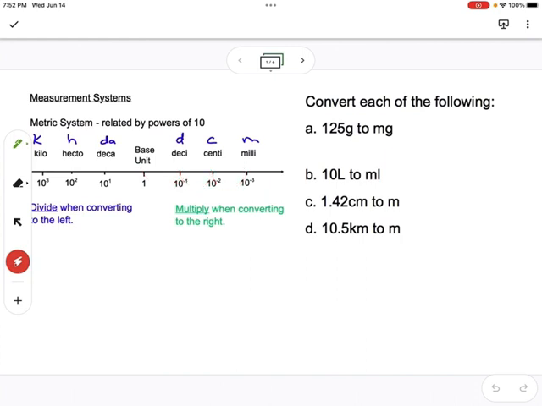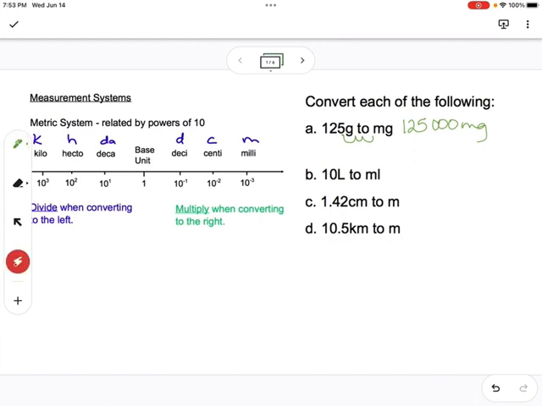That means we are moving the decimal place over 3 to the right, or it's going to be times 10 times 10 times 10. If we bring the decimal over 1, 2, 3 more, we're adding 3 zeros. So that gives us 125,000 milligrams.